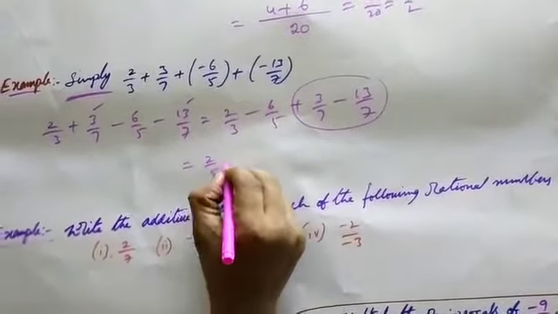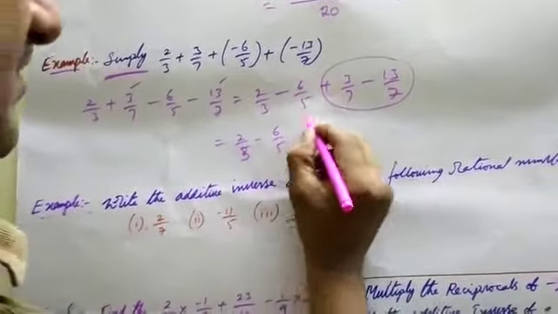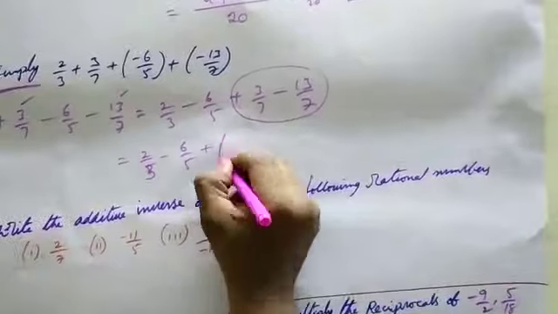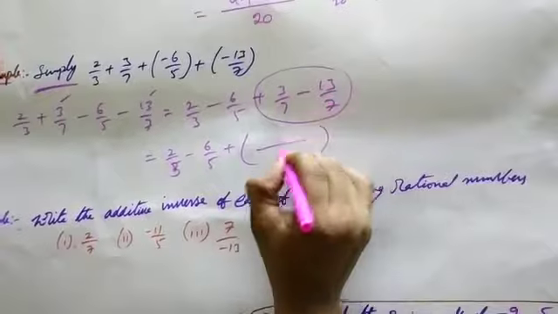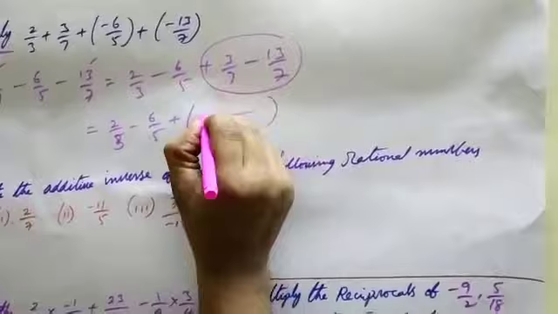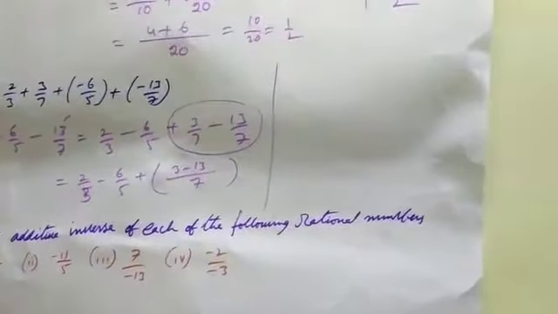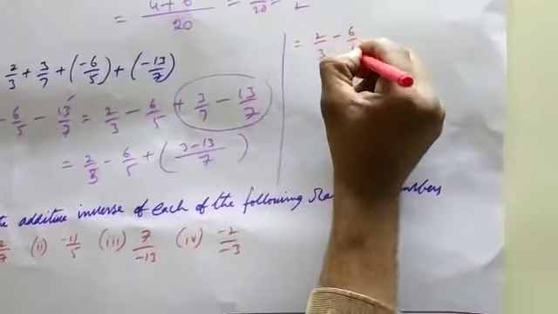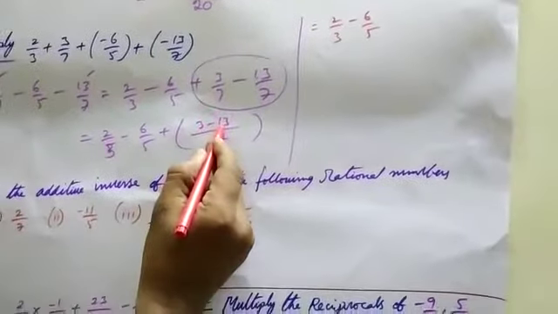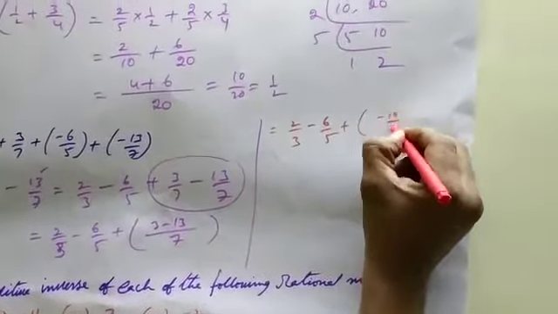2 by 3 minus 6 by 5. Then, the denominator is the same, 7 by 7, and the LCM is the same, so directly add or subtract the numerators. 3 minus 13 is minus 10, by 7.